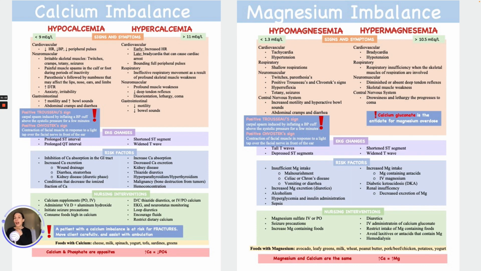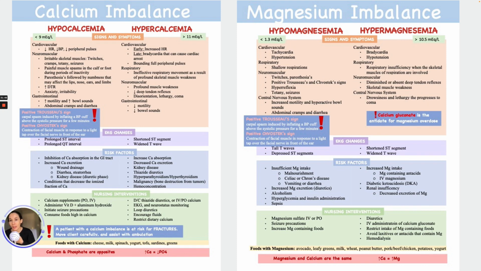Then we are going to have magnesium imbalances, so hypomagnesemia and hypermagnesemia. With hypomagnesemia, it's going to be anything less than 1.3. Cardiovascularly, we'll see tachycardia, hypertension, shallow respiration, twitches, paresthesia.